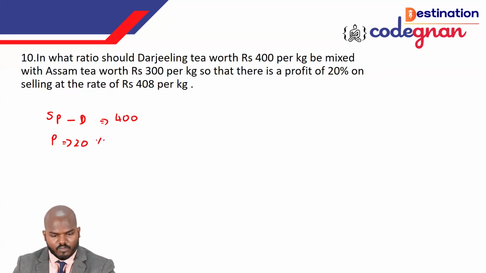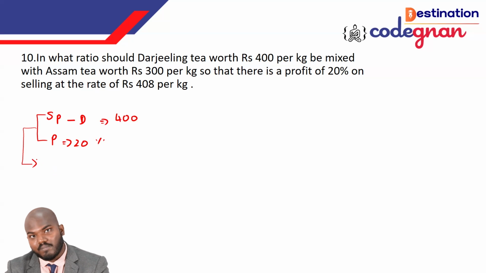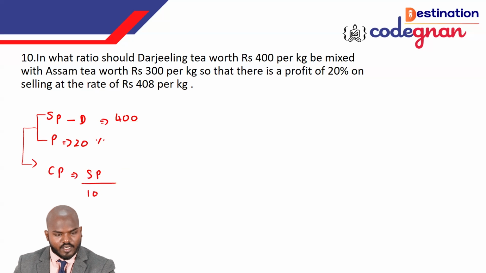Okay, and you see this one, you want to find out the cost price. You have the selling price and the profit here, right? So then you need to find out the cost price. Does anyone remember the formula that we discussed in profit and loss in the previous class, with respect to the selling price, for finding the cost price? So you must remember that the cost price is equal to selling price by 100 plus profit, times 100.